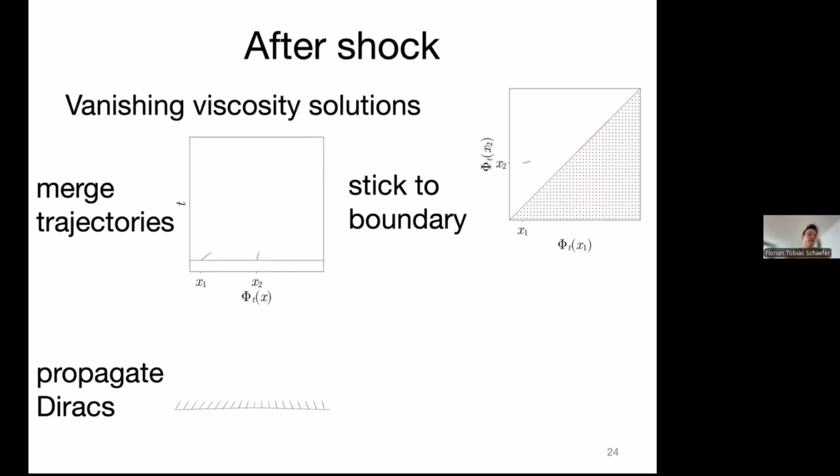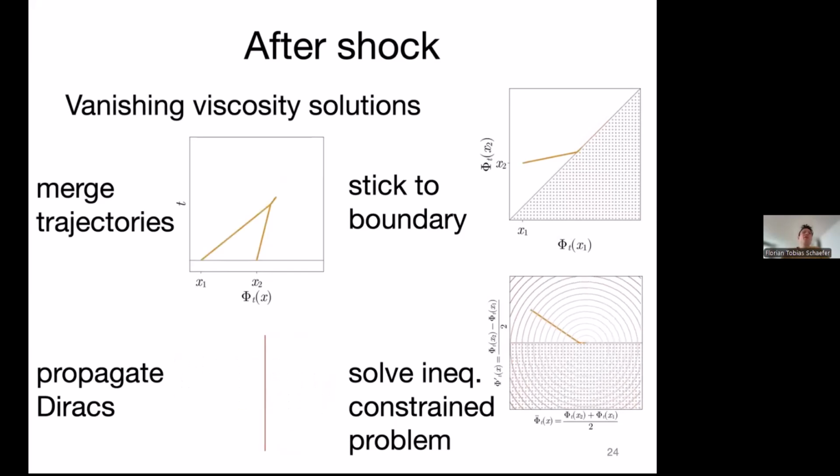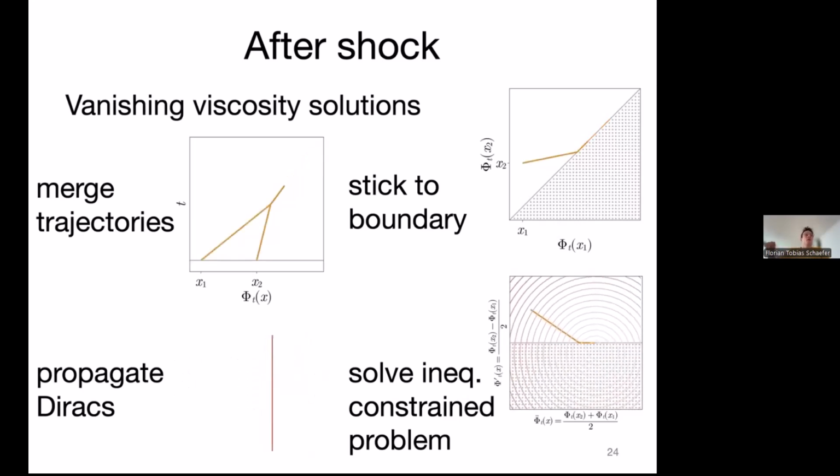In the third perspective, we form these Dirac measures in the shock, and then we just propagate the Dirac measure. In the fourth perspective, we keep solving this minimization problem, just that now we solve it as a constrained minimization problem. And so again, the solution is going to stick close to the boundary, as is quite typical for inequality constrained optimization problems.